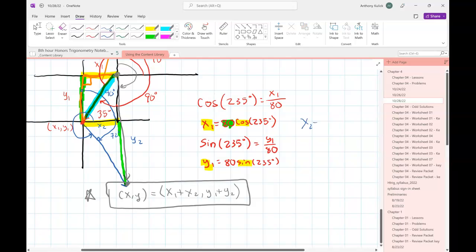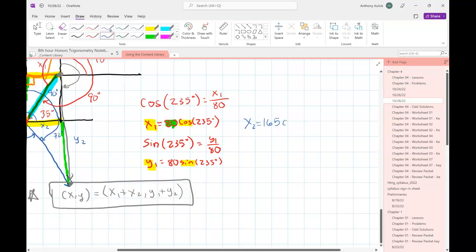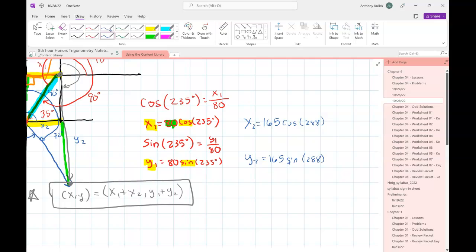So x2 is just going to be 165, that was the distance traveled, cosine 288. And y2 is going to be 165 sine 288.